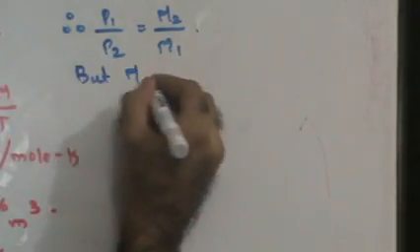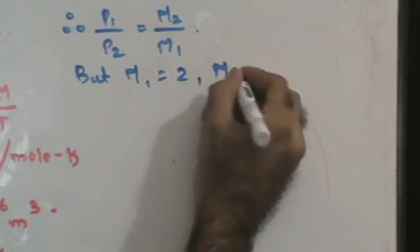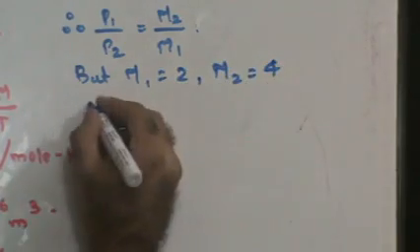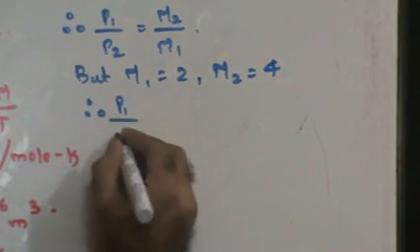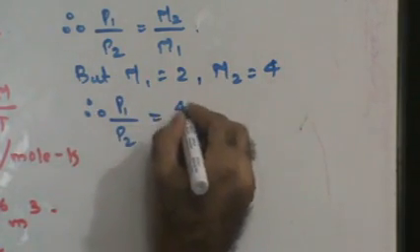Now the gases that are used are hydrogen and helium, right? Molecular weight of hydrogen is 2, molecular weight of helium is 4. Therefore, P1 upon P2 is going to be 4 upon 2, that is 2.